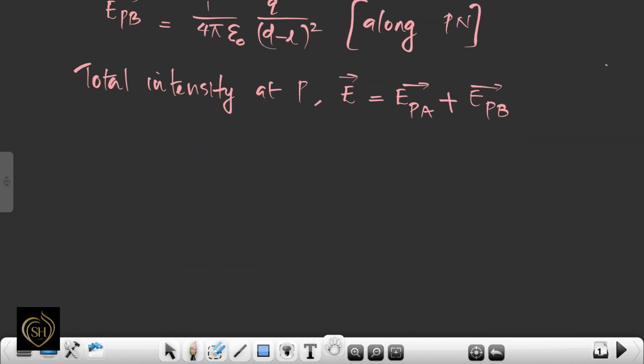So, we can write EPB is greater than EPA. So, the direction of E will be the same as that of EPB, that is along PN.